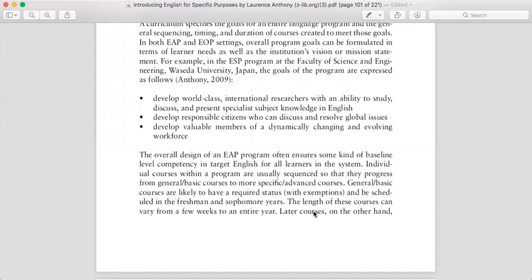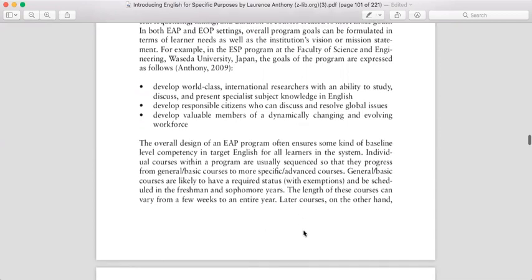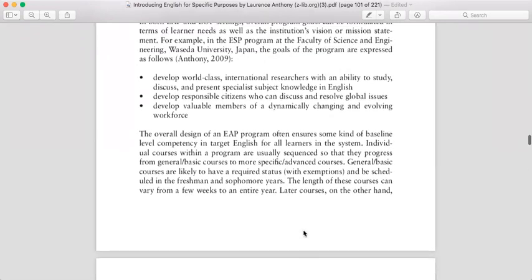Individual courses within a program are usually sequenced so that they progress from general basic courses to more specific advanced courses. This is how you can sequence it. Whatever language programs are in one particular curriculum, they should be sequenced, and we know how to sequence.